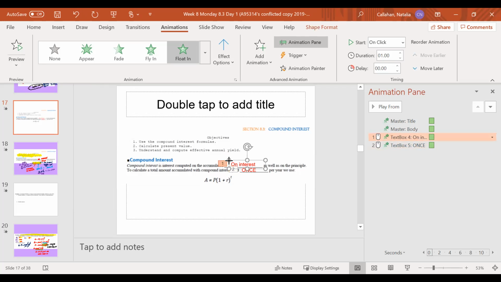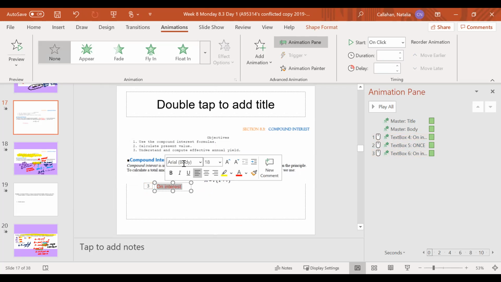Okay, so now take a look at the formulas on the bottom. So this is a brand new formula, and I want to make sure you guys know what it means and what it stands for.